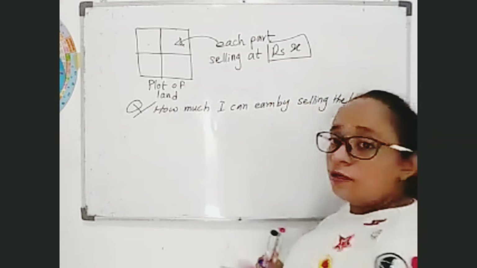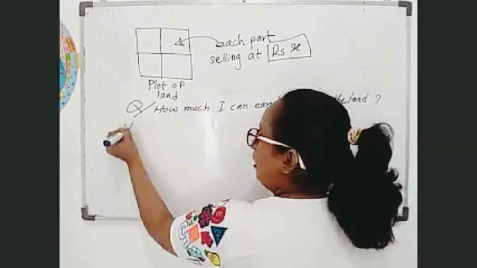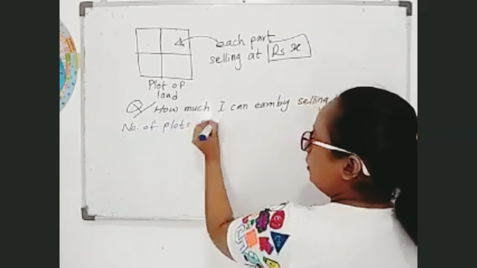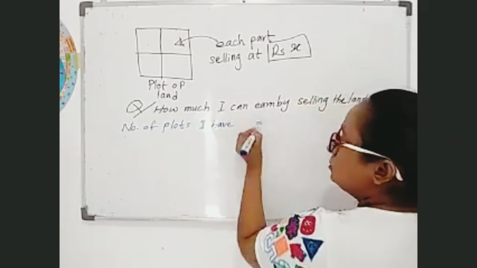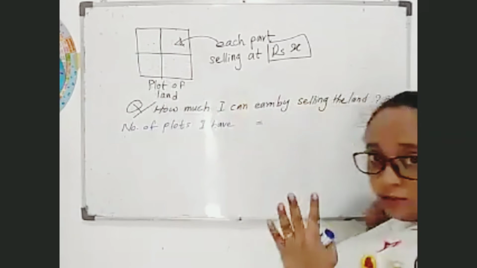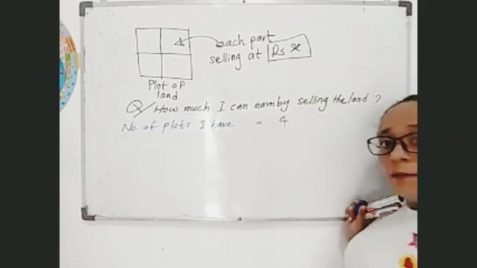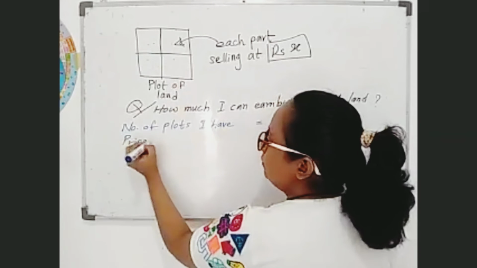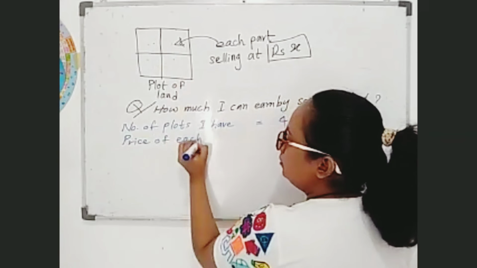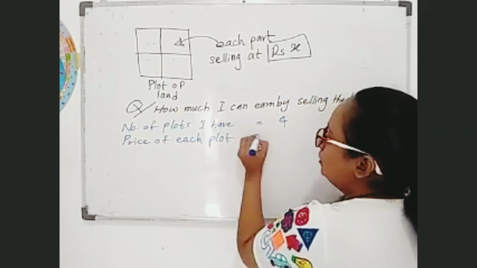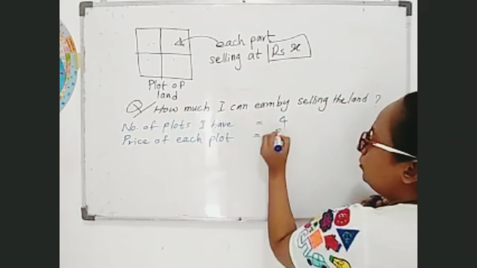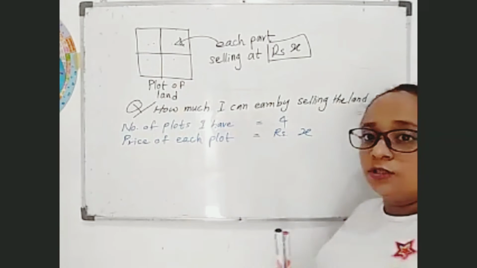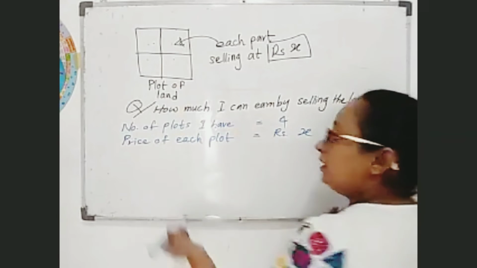So we'll go first number of plots I have. So I have 1 2 3 4 plots, right? 4. Price of each plot. මේ එකක් කීය ගානද මම විකුණන්නේ? That is x rupees, right? Now I can find how much is the total I can earn.